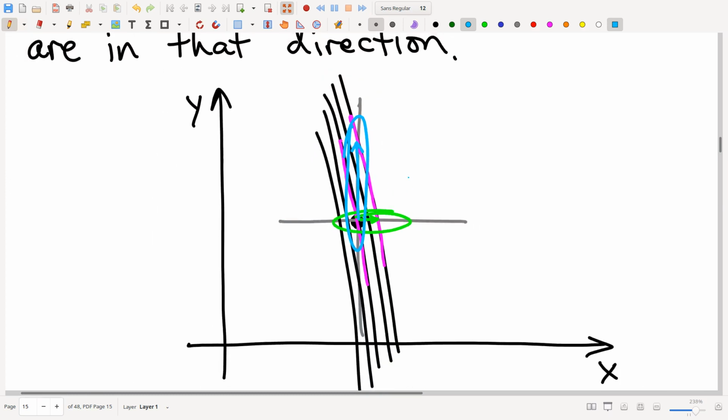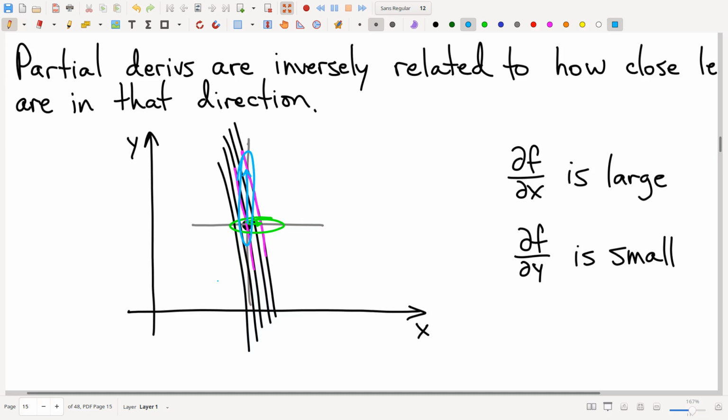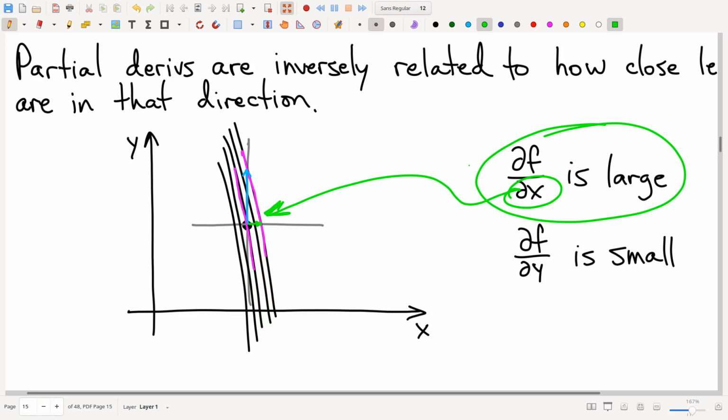So now looking back at the algebra that we have here, this little change in x suggested by that notation is a teeny tiny change in x, and that's in the denominator. So you're gaining 200 feet over a short distance if you go in the x direction, and that means this partial derivative you would expect to be pretty large. In other words, you'd expect that to be a pretty steep hike.